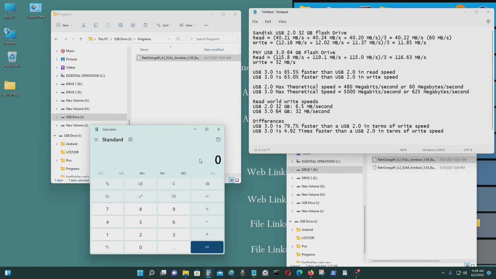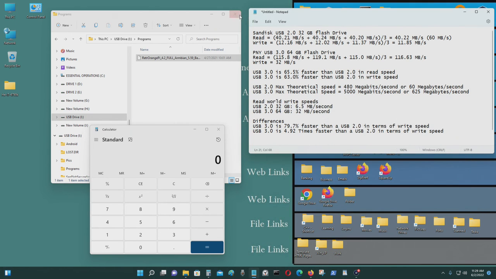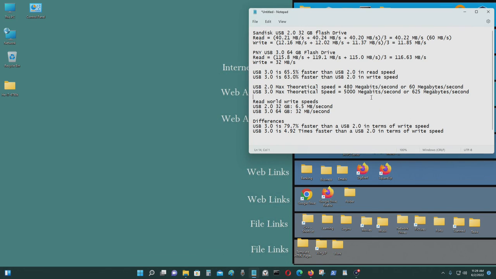And in terms of write speed, like I said, it's 4.92 times faster. In terms of percentages, the USB 3.0 in terms of read speed is 65.5% faster. So I think it's worth getting a USB 3.0.